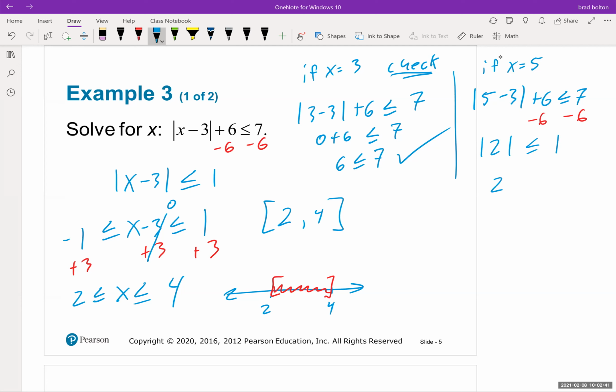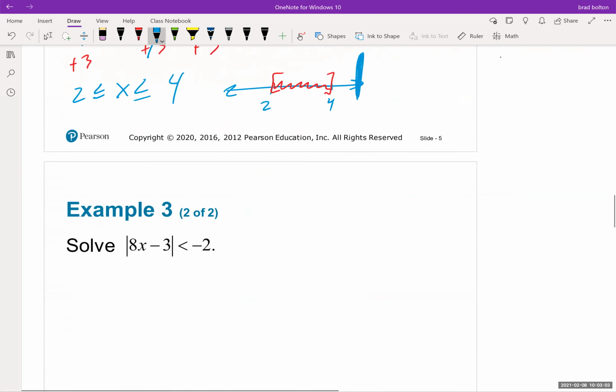The absolute value of 2 is 2. Is 2 less than or equal to 1? This is false. But we expected it to be false because 5's over here somewhere. It's not inside of our interval. It's not part of our basket of solutions. So this is our solution, and we could check a bunch. There's 3.7, 3.9. Any of those numbers will work. So this is how you do absolute value inequalities with less than or equal to or less than.